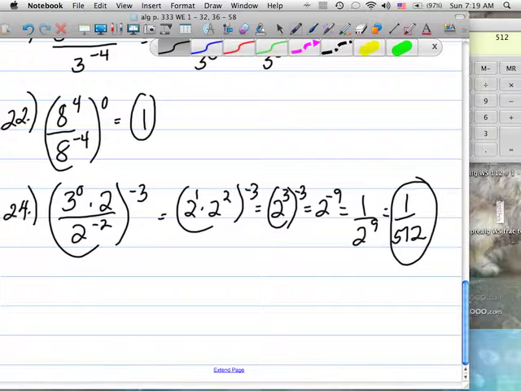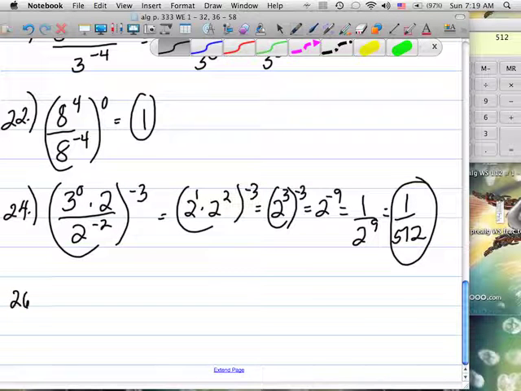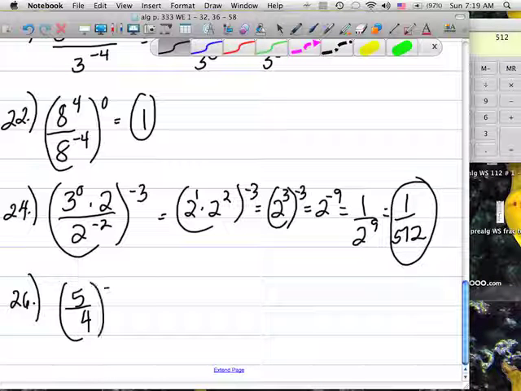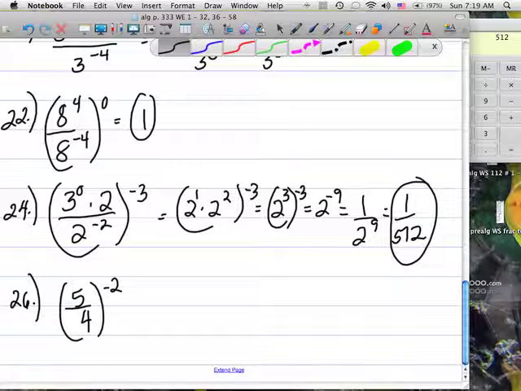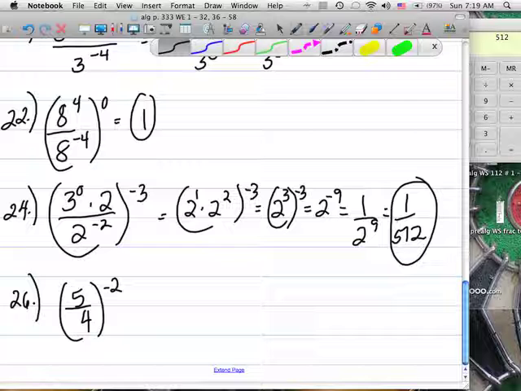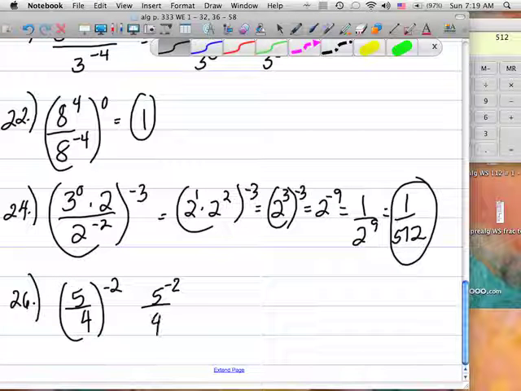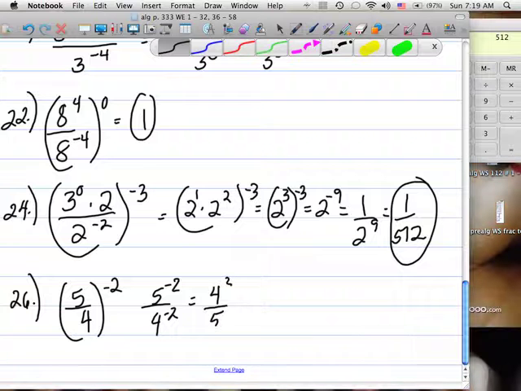Okay, let's try 26. 26, we have 5 over 4 to the negative 2. Now I could take each of these to the negative 2 power. I'm going to show you this, and then I want you to do it the short way. That would be 5 to the negative 2 and 4 to the negative 2, and that would cause them to flip, 4 to the 2nd over 5 to the 2nd.